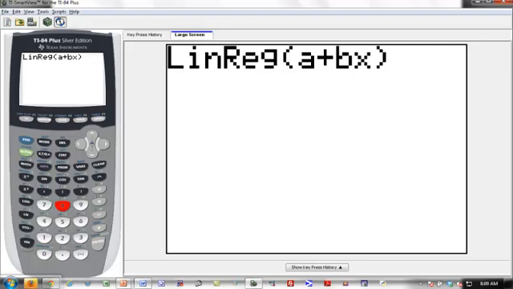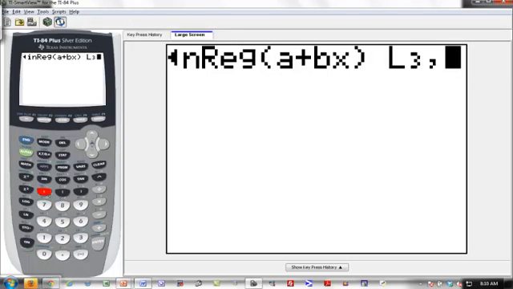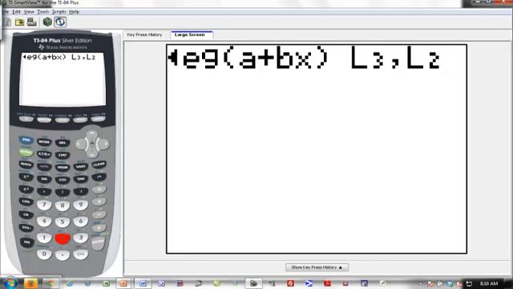I've got to do more. By the way, I think I heard false. No. L3, L2. Remember, the cubes of the lengths are the predictors, and L2 is the response. So I want to say my X data is in L3, and my Y data is in L2.